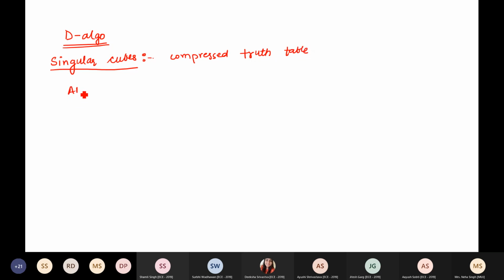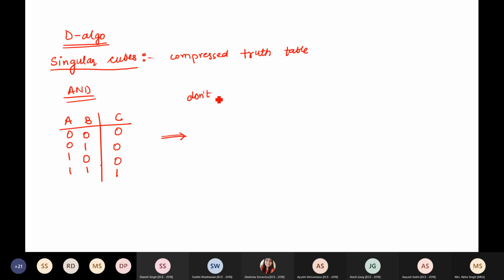For example, let us try the AND gate. The inputs of the AND gate are A and B, and then I have the output as C. The rows are 0 0, 0 1, 1 0, 1 1. Output is 0 0 0 and 1. So when I try to find the singular cube, I combine the rows in such a way that I introduce don't cares and reduce the number of rows.